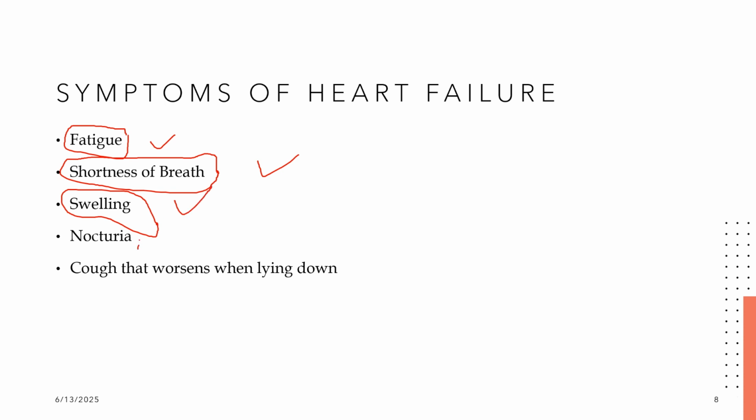Now we have something called nocturia. Basically, your kidney veins, called renal veins, I'm pretty sure, get clogged up, and that can cause inadequate blood circulation throughout the body, and your kidneys can't filter all of that blood. But then when you lie down, gravity redistributes that fluid, and now your kidneys can filter blood properly.